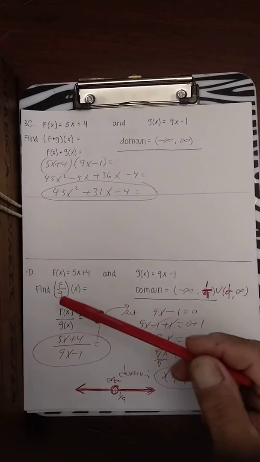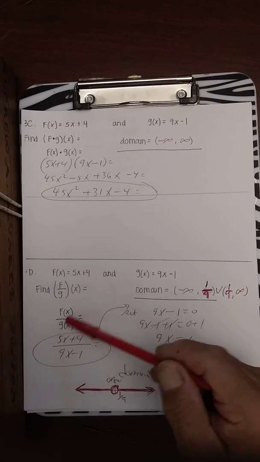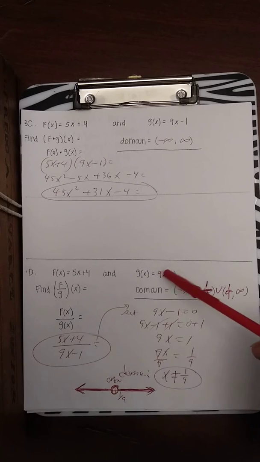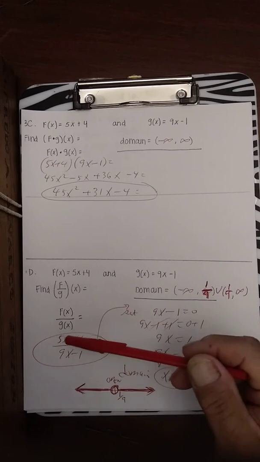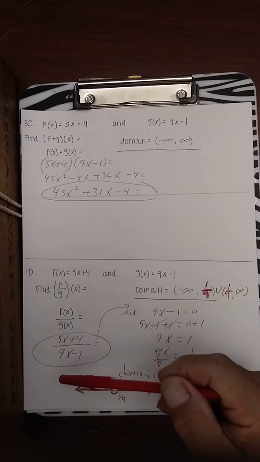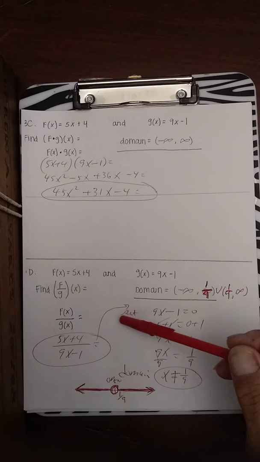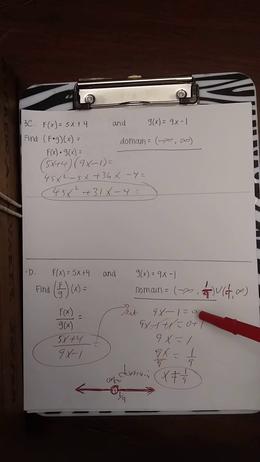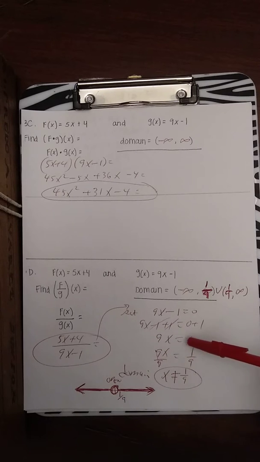Next one. F over g, division, quotient. So f of x over g of x. F of x is 5x plus 4, and 9x minus 1 goes here. Now, if you have 0 in the denominator, it's going to be undefined. So when is that going to happen? We set up 9x minus 1 equals 0. Add 1, so 9x equals 1.